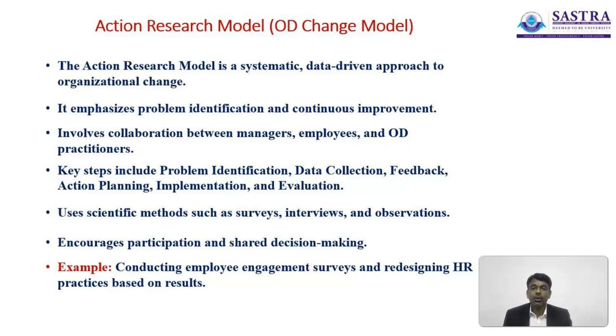See, step by step, I am going to explain now. First step, problem identification. This step involves recognizing issues that affect organizational performance. Organizational performance is affected by so many problems. The problems may arise from inefficiencies, low productivity, or employee dissatisfaction.